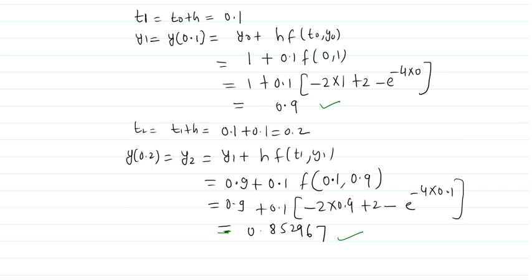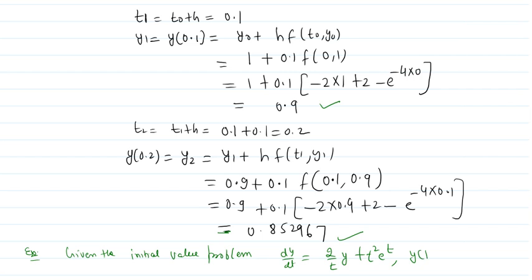Okay, let's take one more example, which says that we have an initial value problem, that is dy by dt equal to 2 by t y plus t square e power t, y(1) equal to 0.